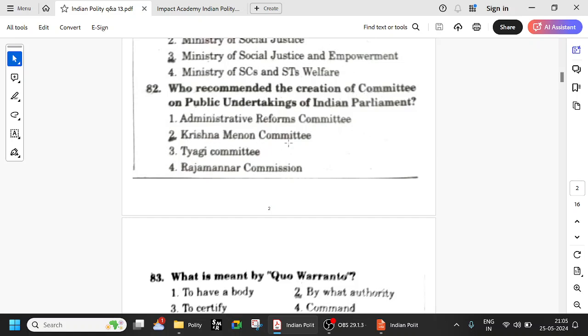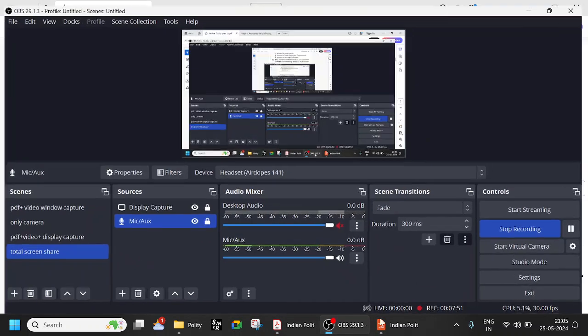Krishna Menon Committee. Recently in the quick review topics also we have seen, right? Krishna Menon Committee recommended the creation of the Committee on Public Undertakings. So we've already seen what this one particular committee is for, the Estimates Committee.